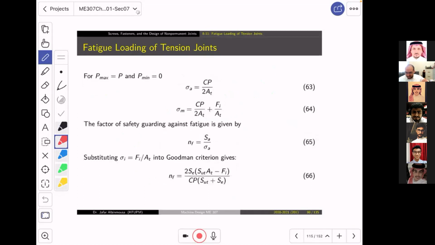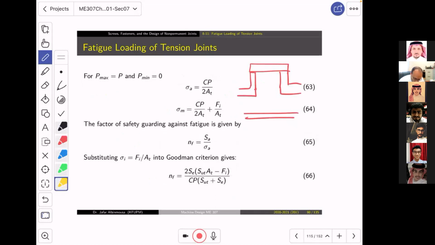Now, in general, and this is a condition, if we focus on the problem that we talked about before, which is a pipe like this, and the pipe is pressurized, there is a pressure over here, and this is P, then ya akhwan, we will consider that the atmospheric pressure is equal to 0.